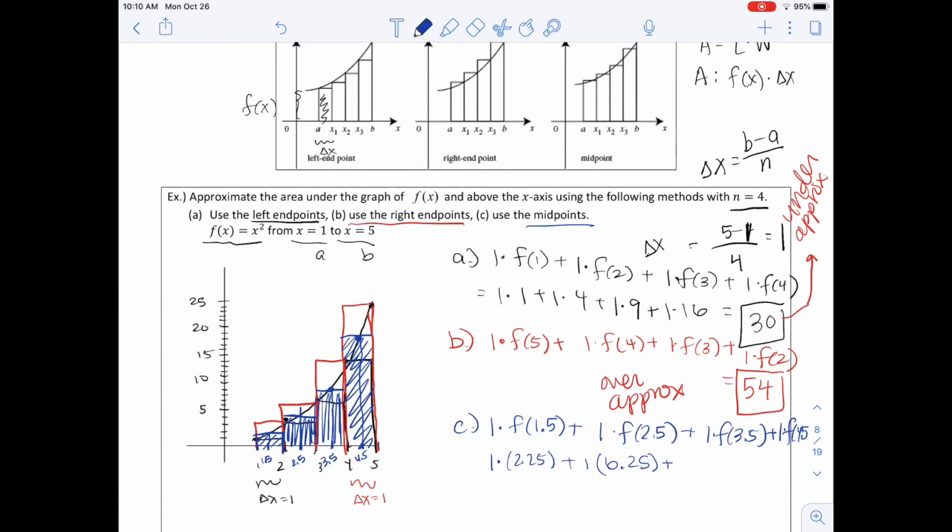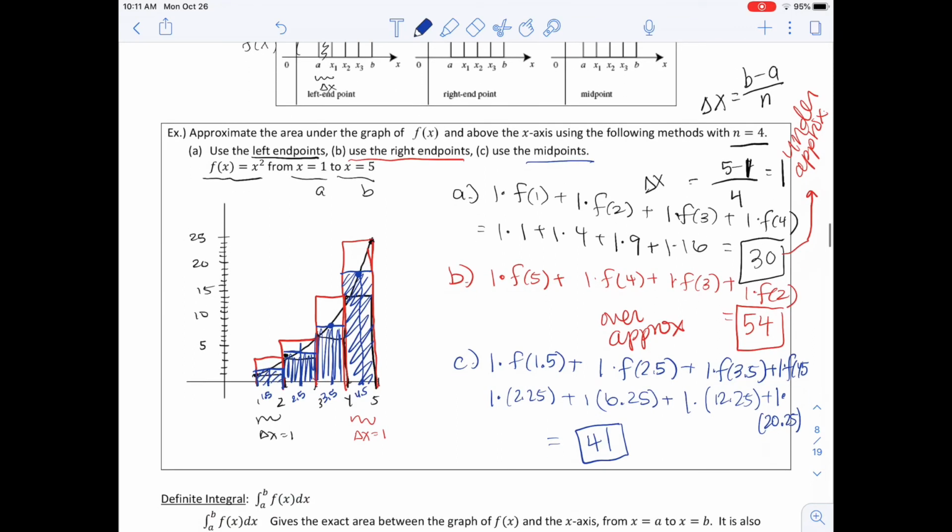Plus 1 times the next value, substituting 3.5, which is going to be 12.25. Plus 1 times, and then substituting in 4.5, we have 20.25. So multiplying those all together and adding it up, we end up with a total area of 41, which is in between our under approximation and our over approximation that we had from part A and part B.